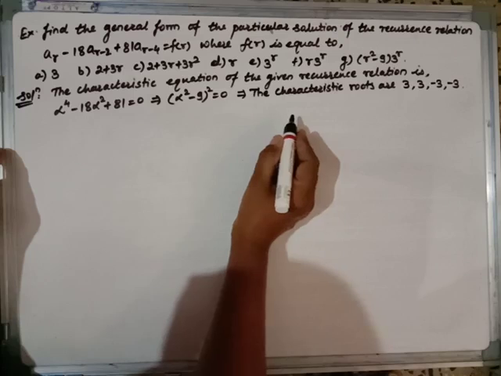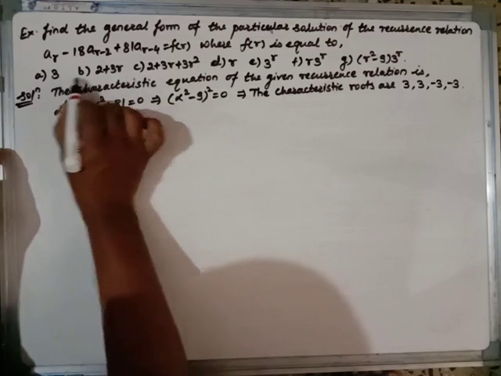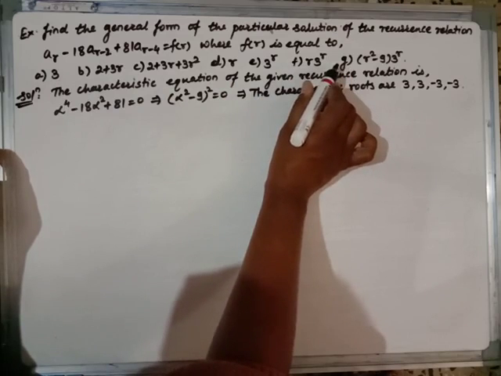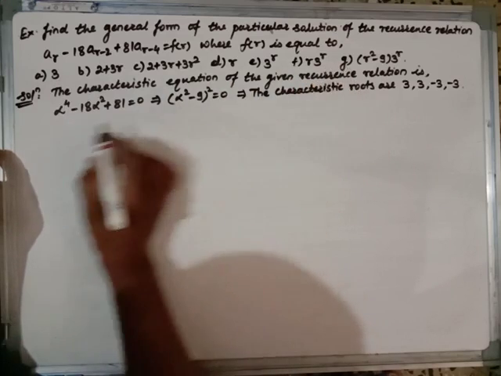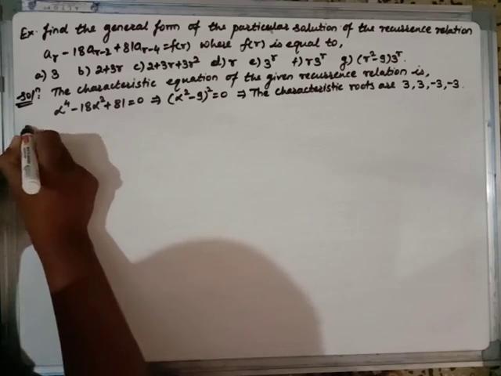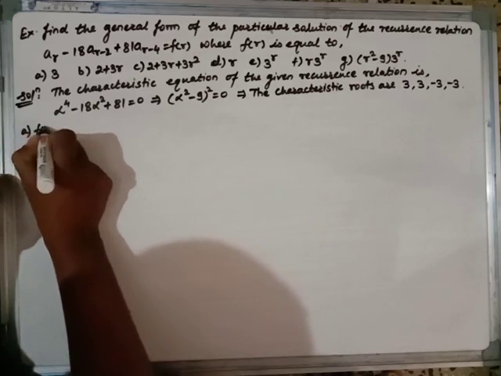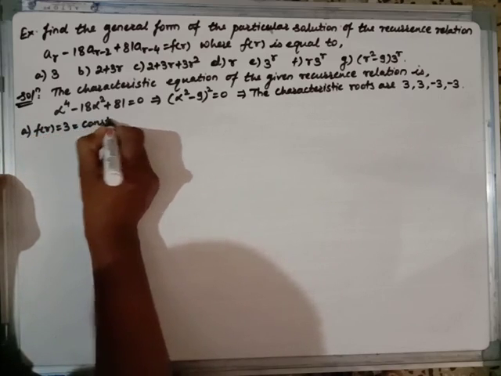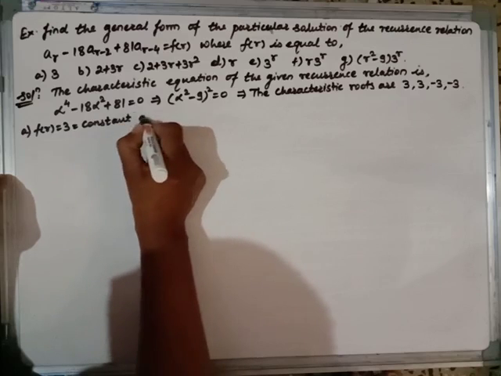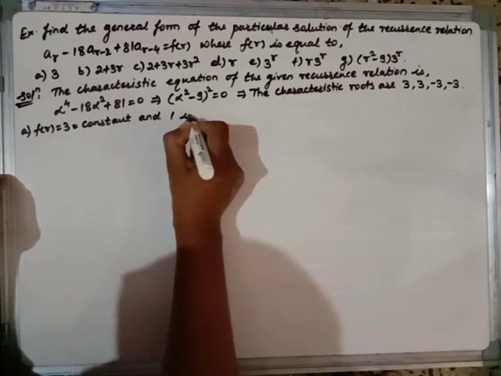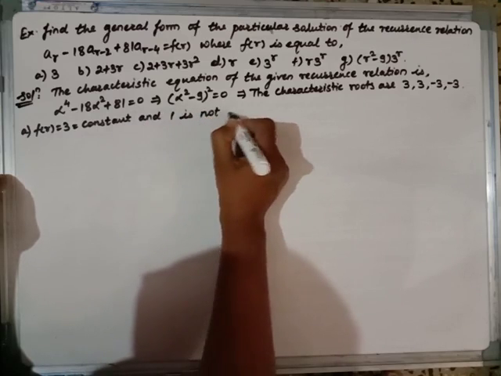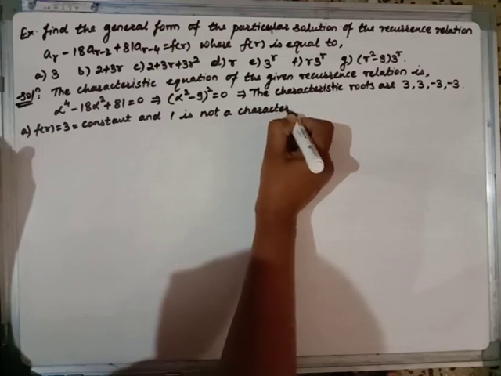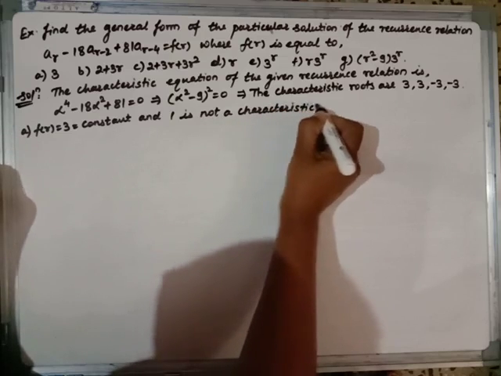Now once we get the characteristic roots, using that previous table we can easily write the general form of particular solution for these f of r. So let me solve the first. f of r is 3, a constant, and 1 is not a characteristic root.